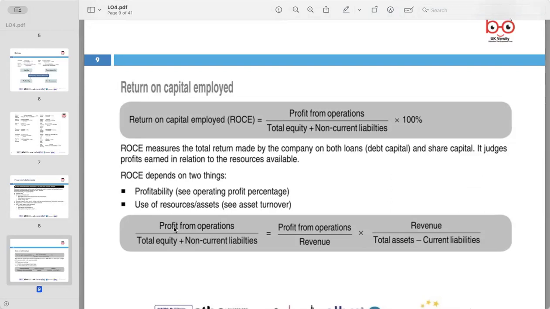Asset utilization is evaluated using metrics like asset turnover, which measures how efficiently a company uses its assets to generate sales. A higher ROCE value signifies better performance in both profitability and resource utilization.